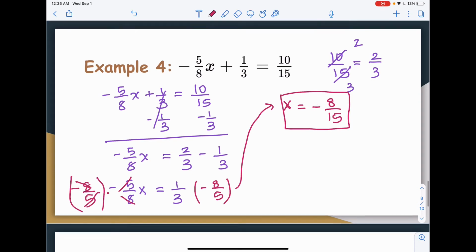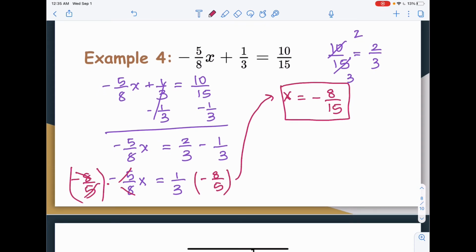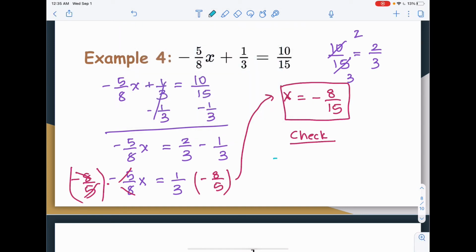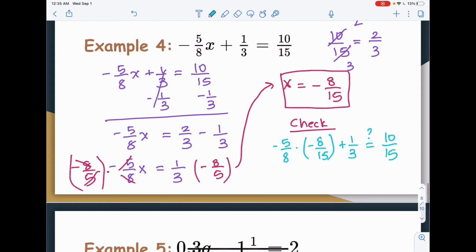Let's go ahead and check. Negative 5 over 8 times negative 8 over 15 plus 1 over 3, is it the same as 10 over 15? So when we do cross multiplication here, negative times negative is positive, and then I can also do cross canceling.